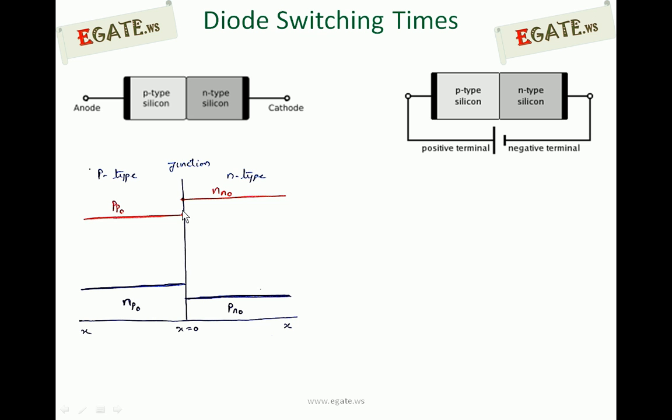Initially at the junction they are very large in number, but as they move into N side they will try to recombine with the electrons present in the N type, which are majority carriers. So the concentration of holes is very large near the junction, and as you move far away from the junction towards N side, the hole concentration reduces exponentially.